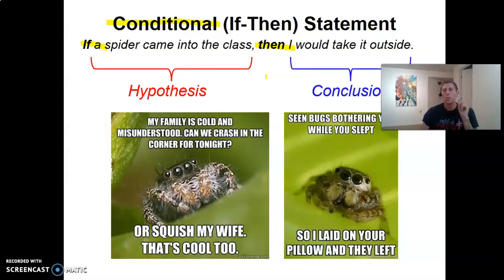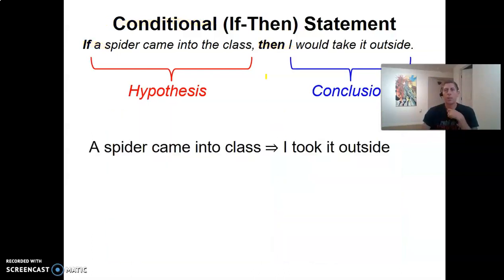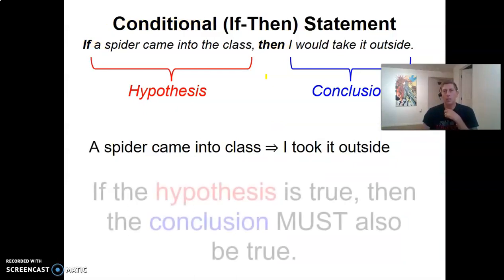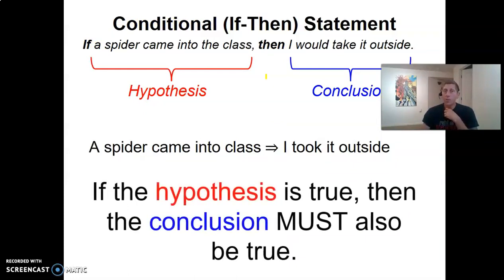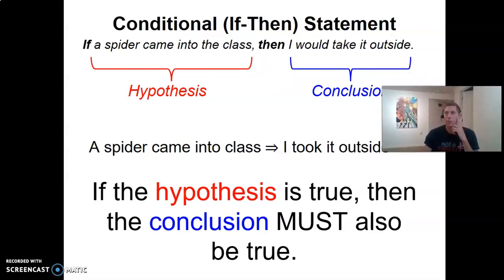The conclusion is the second part associated with the then part of the statement, the conditional. If the hypothesis is true, then the conclusion must also be true, like we saw before with the previous example of the right angles being 90 degrees.